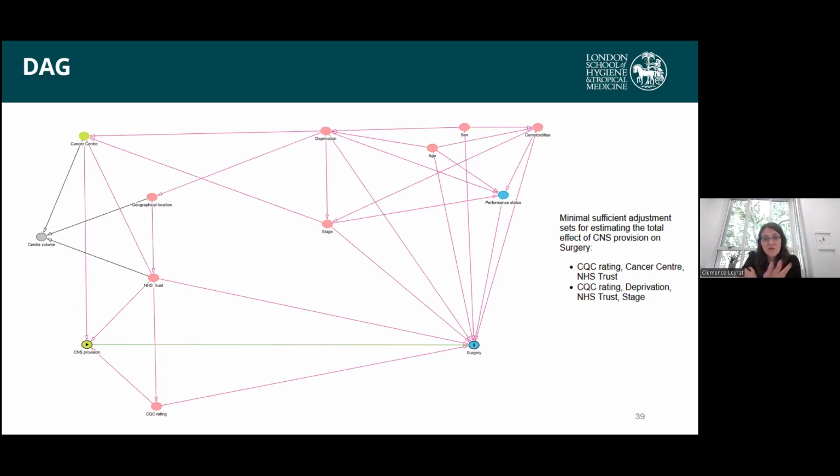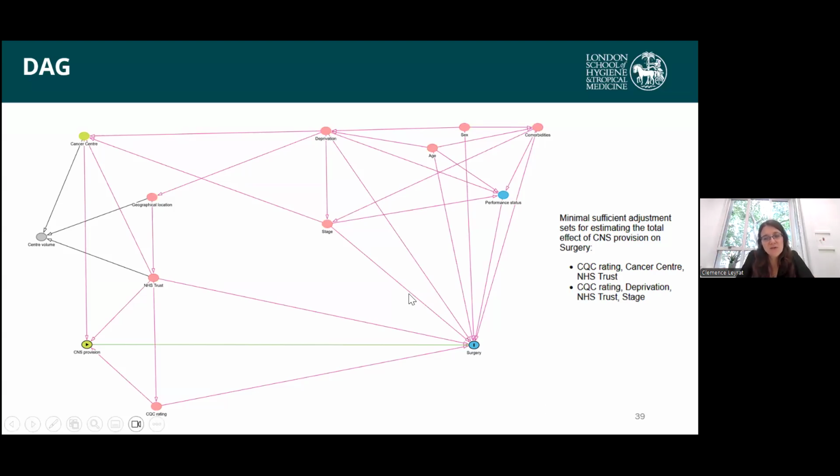So this is a DAG, and it's very small, so the idea is not for you to look at every single variable. But assuming this DAG is correct, the interesting thing is the minimal sufficient adjustment set to estimate the causal effect of the provision of nurses on our outcome only includes cluster level variables, which is not too surprising because the trusts are quite large and there are not many differences in terms of patient characteristics across trusts at this higher level.